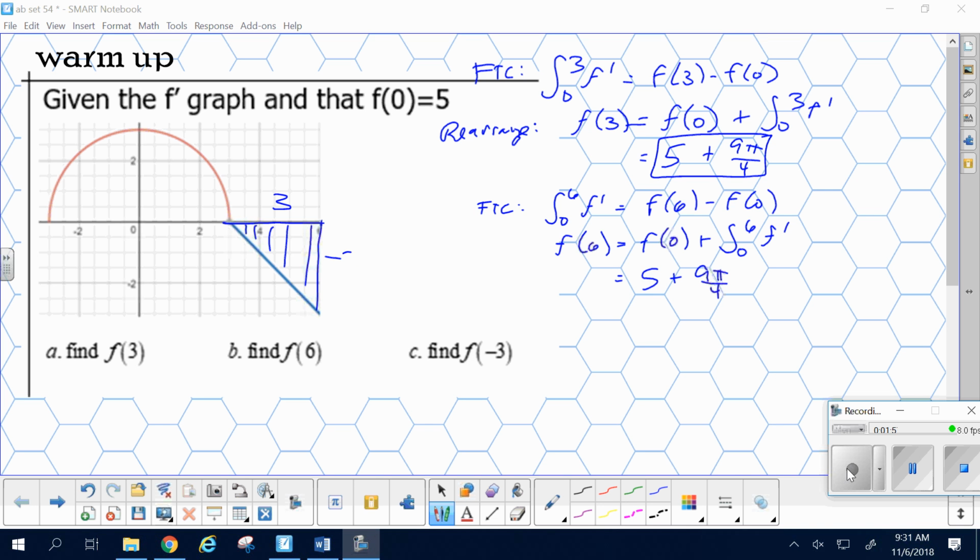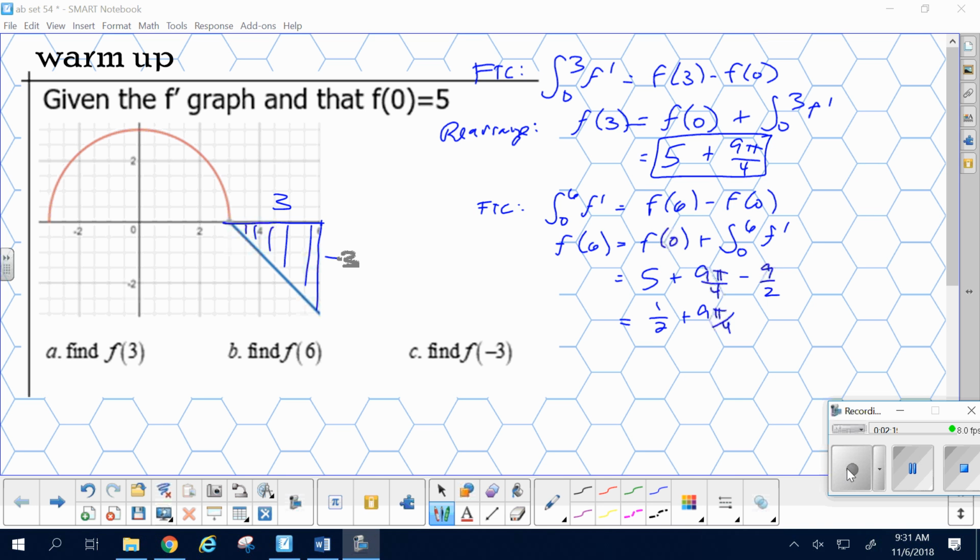So that's a negative 9 halves for that area. It's area below the curve. So negative 9 halves. If you were to combine that, then that's 10 halves minus 9 halves. It's something like 1 half plus 9 pi over 4. Cool? Negative y values make for a negative area calculation.